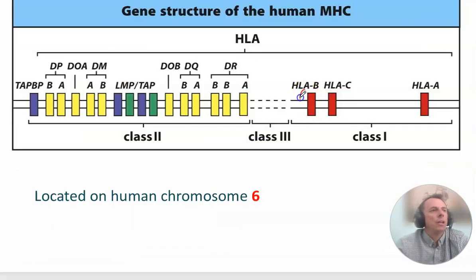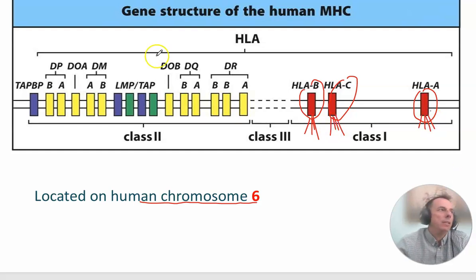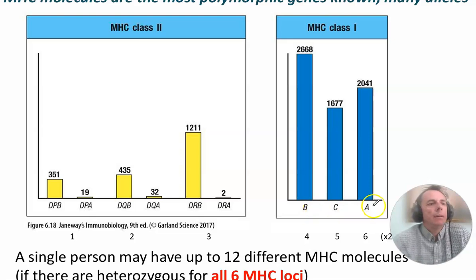These 3 genes are shown here, the B, the C, and the A on the human chromosome 6. Now, also consider that each of these 3 genes has multiple alleles, so there are lots of alleles for each one of these. And here is the number of different alleles for each one of these genes.